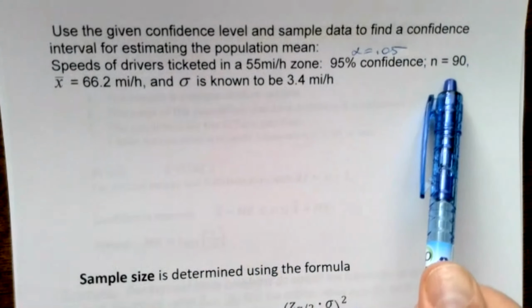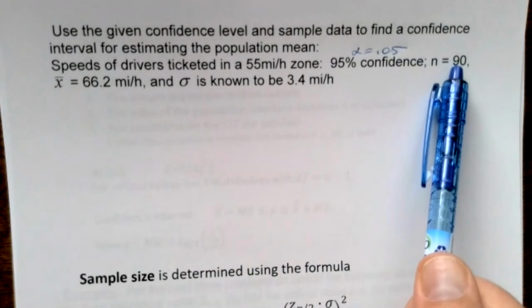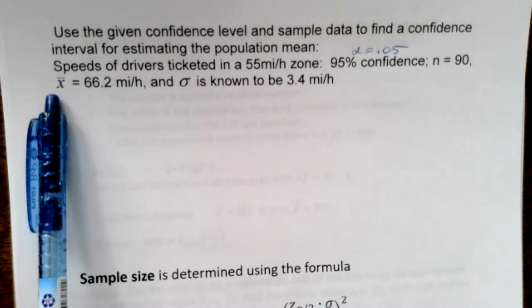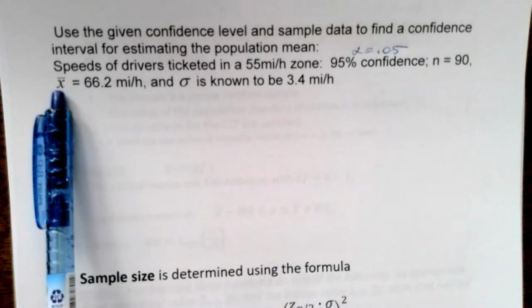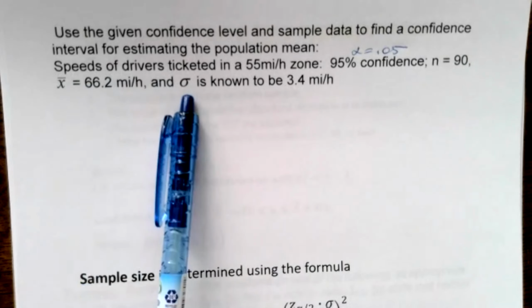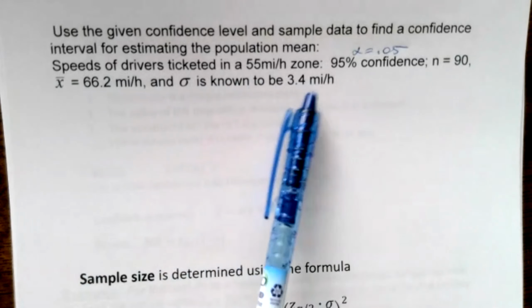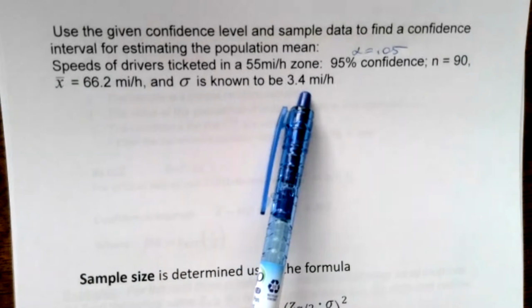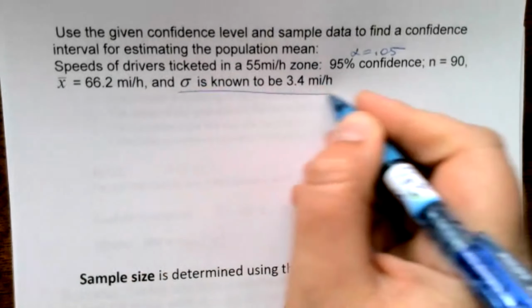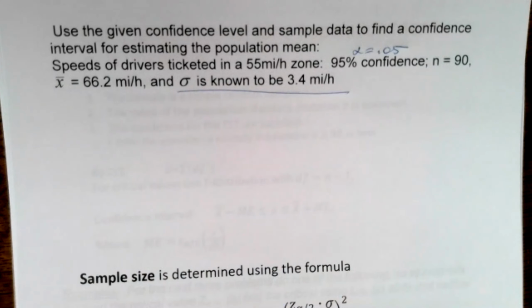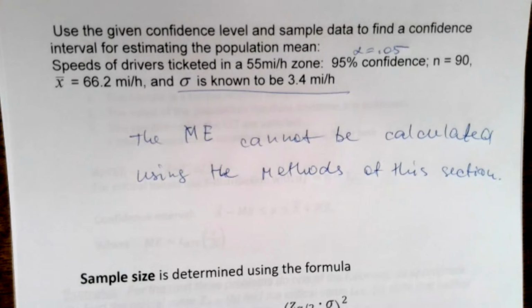N equals 90, so large sample, check. We know the sample mean, and sigma is known to be 3.4 miles per hour. So since sigma is known, again, we cannot use the methods of this section. There you go.